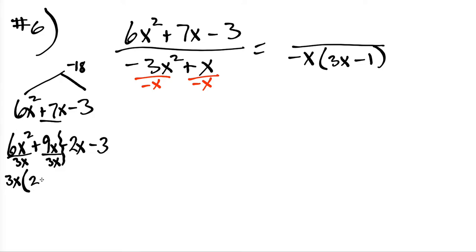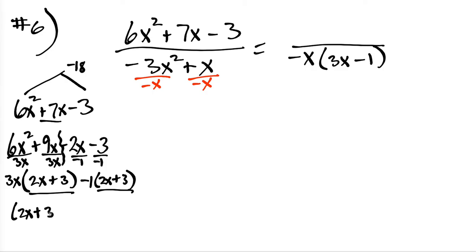X squared divided by x is x. Plus 3. Second half is both negative, so I'd factor out a negative 1. And then they both have a 2x minus 3 in common.